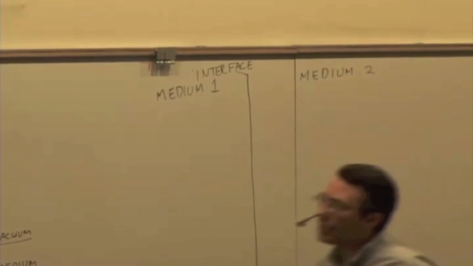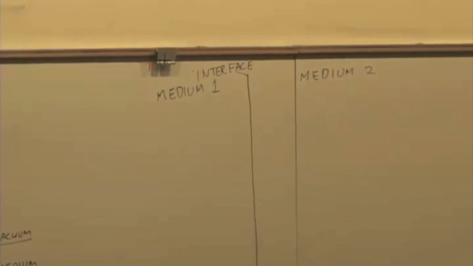What I'm going to do is zoom in on one part of this diagram and show these wavefronts coming in right at the surface. Let me draw these in different colors.